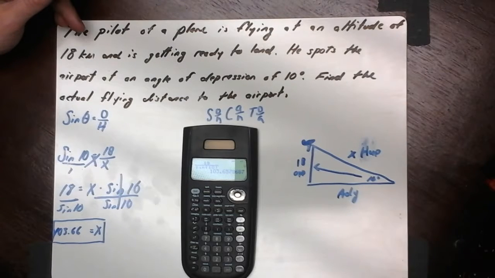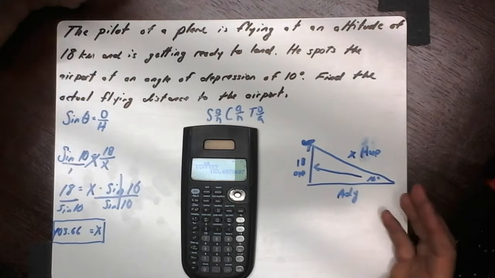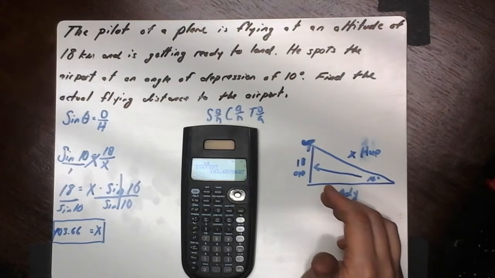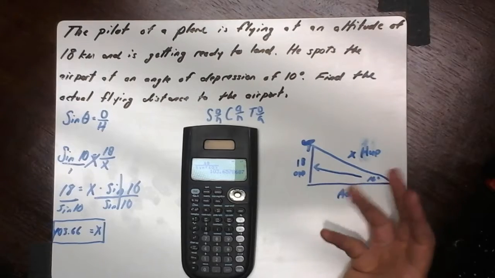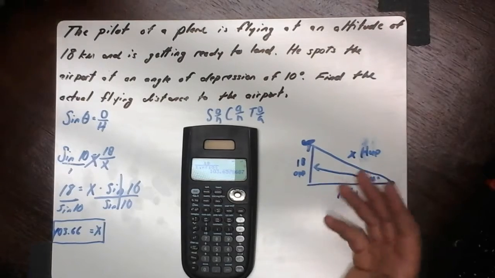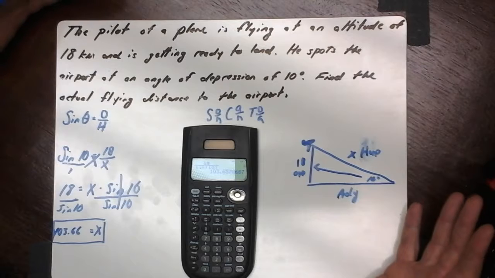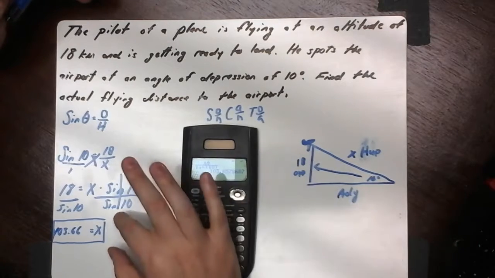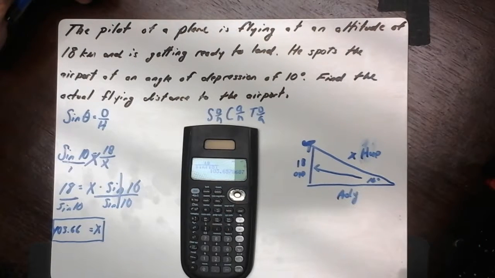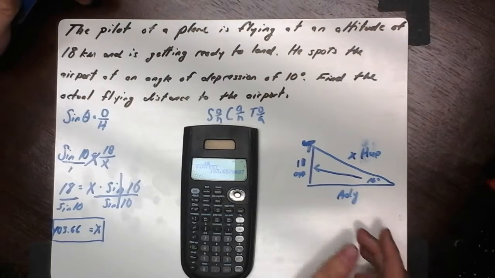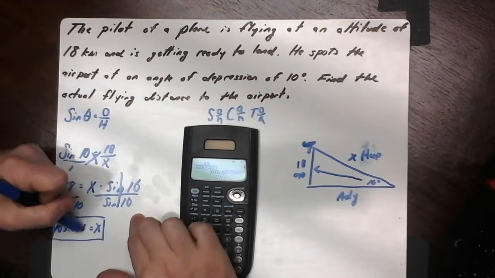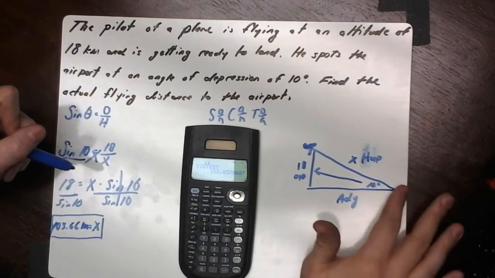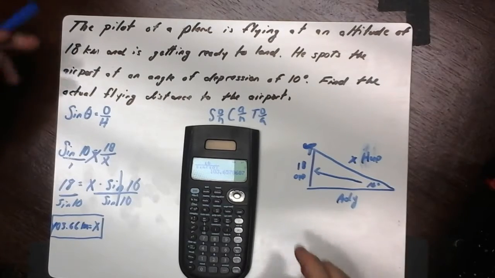Using stuff over and over again, such as cross multiplication, then applying it to different types of math functions, such as trig, is a whole lot easier to remember. So now here I have my answer, 103.66. That's kilometers. And that's the distance that plane needs to fly to get to that airport.